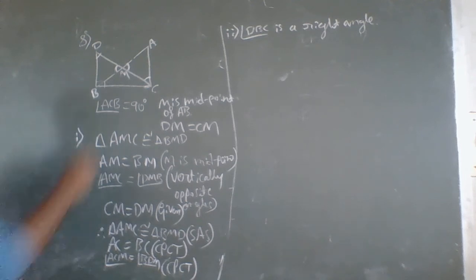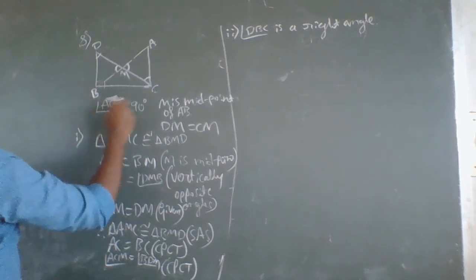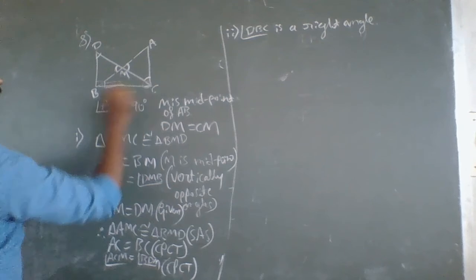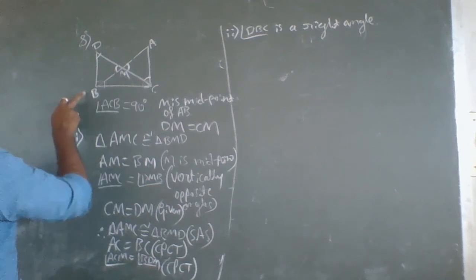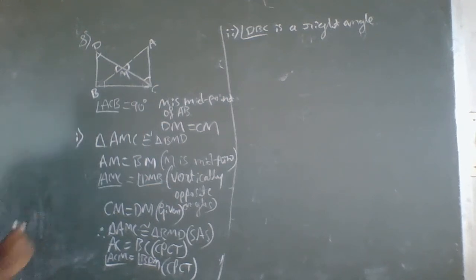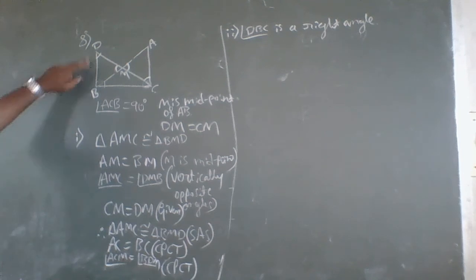So here we all know angle ACB is 90 degrees, and this BD is parallel to AC. So what can we write here?